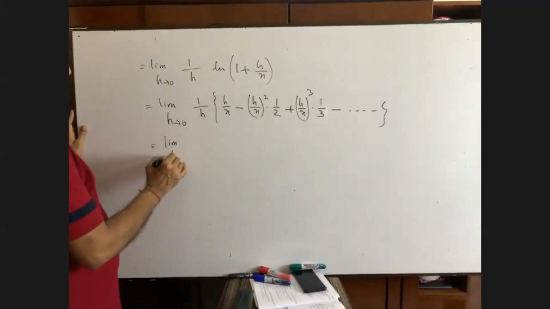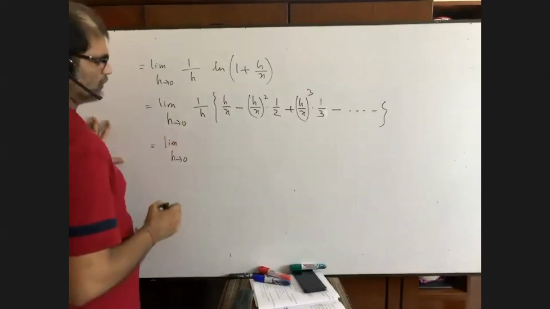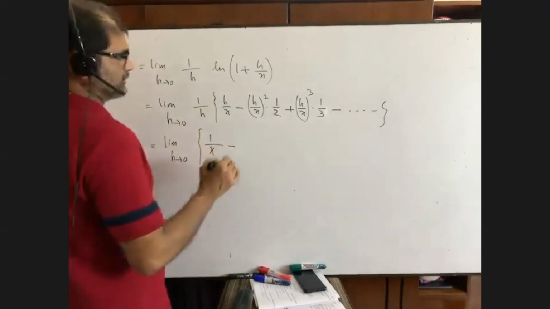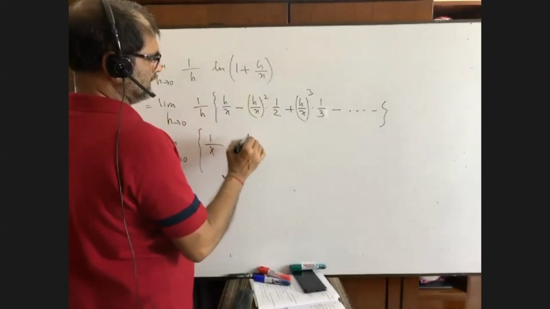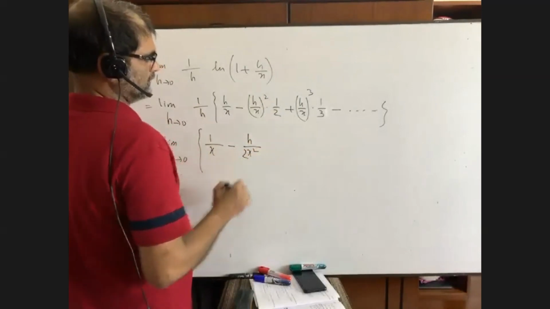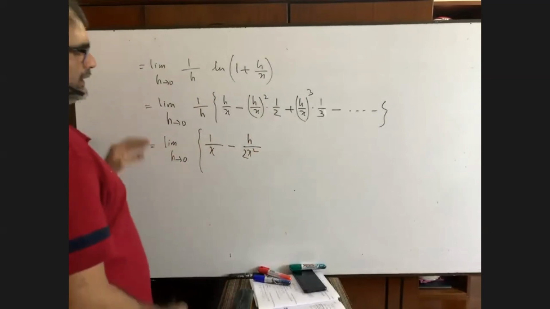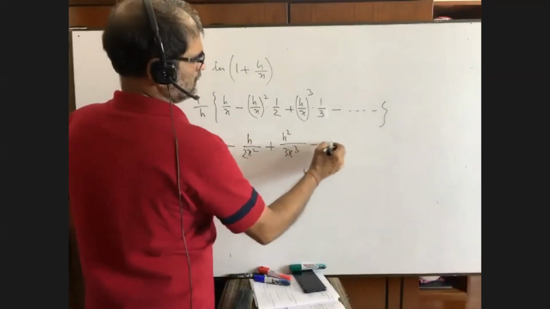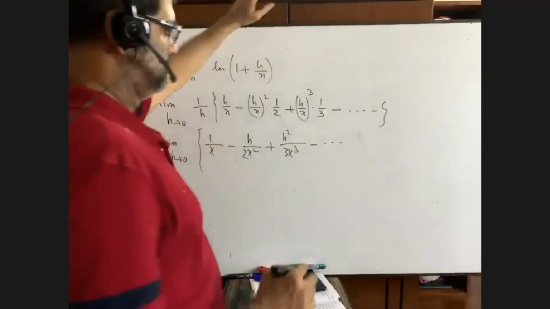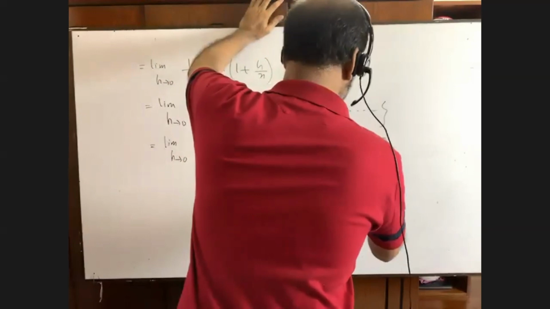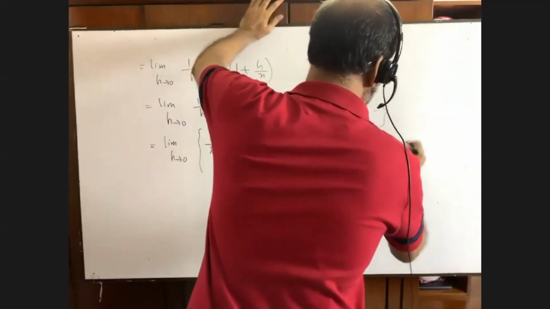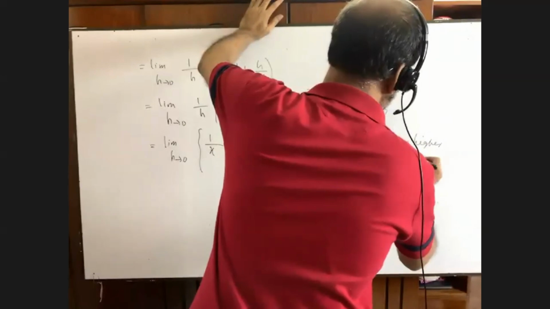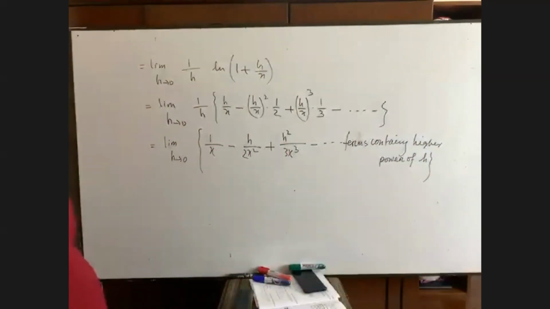So we'll be left with only 1 by x minus h by 2x square plus h square by 3x cube. Are you getting it?